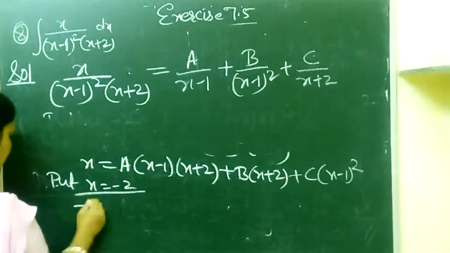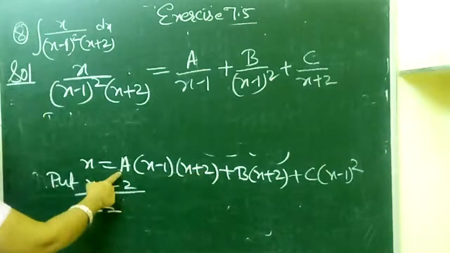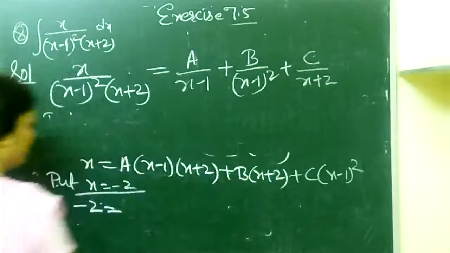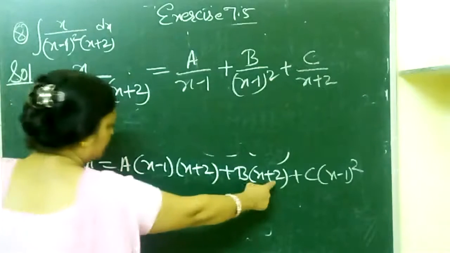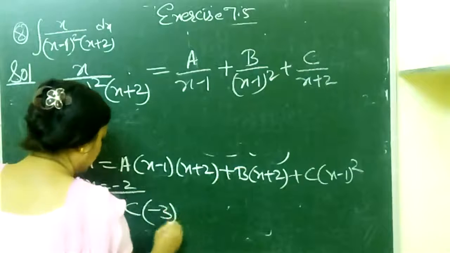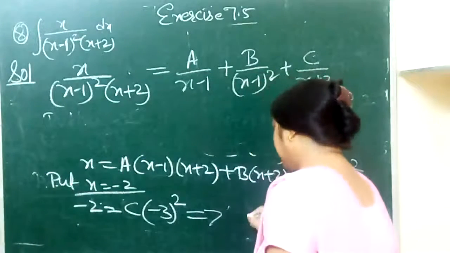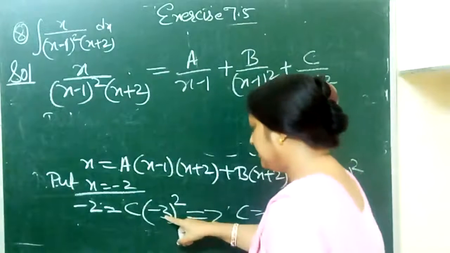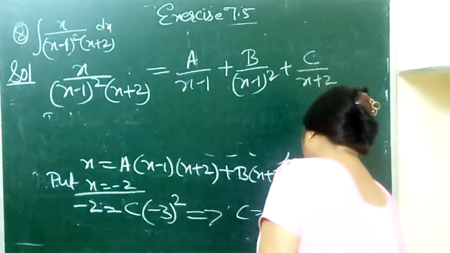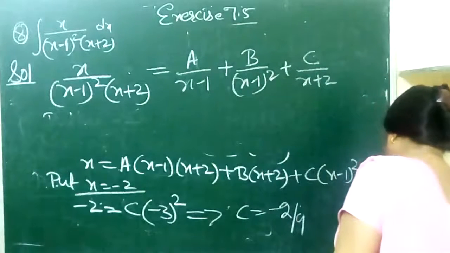What will come here? Minus 2 into this term will come minus 2 plus 2, so the whole term will come 0. This term will also come 0 because minus 2 plus 2 is 0. So c into minus 2 minus 1, minus 3 whole square. So what is the value of c? The value of c will come minus 2 by 9. So the value of c is coming here minus 2 by 9.